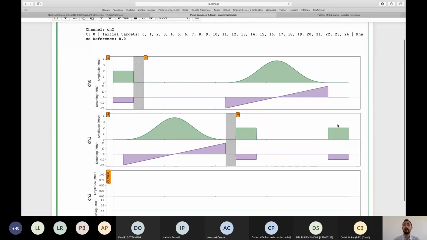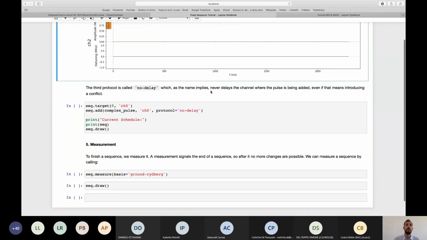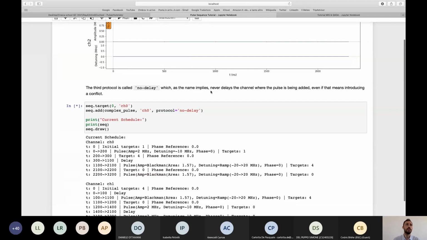But then you also have this other one, wait for all, which even though it's on qubit 0, waits until channel 0 has finished applying the laser to qubit 4, even though it's on another qubit. Then we also have no delay.